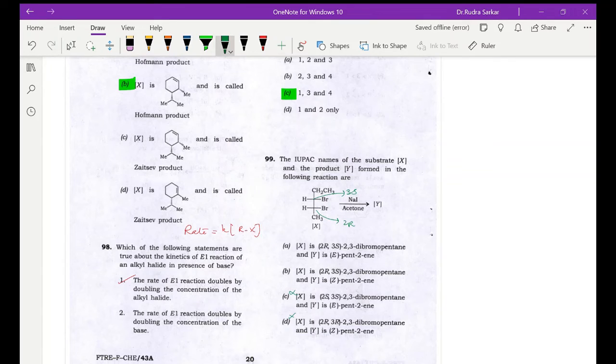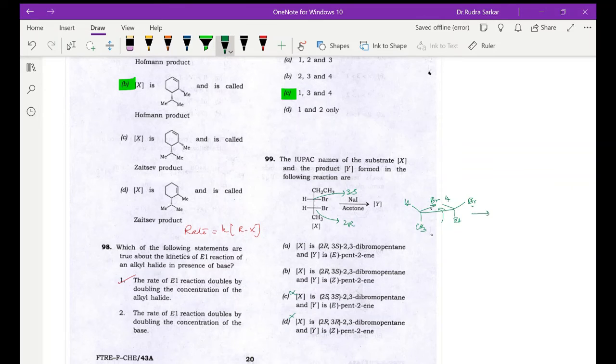Next thing is what? We have to write this molecule in such a way. So this is basically what we have in the structure. We are writing the sawhorse from Fischer. CH3, H, and that is Et. Sorry, Et is below, and that is H. So we rotate it in such a way that this Br and that Br become anti to each other.